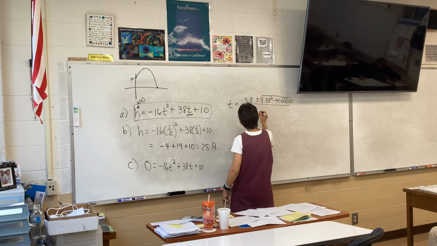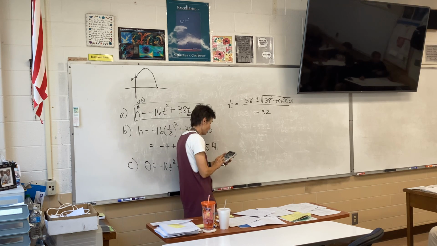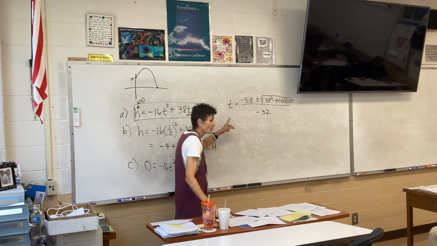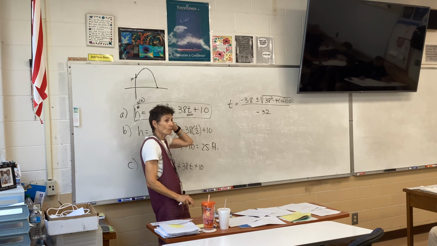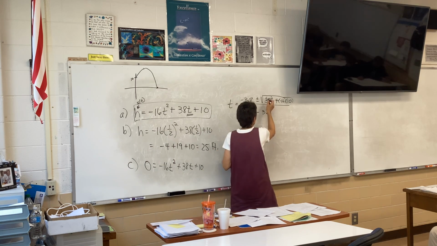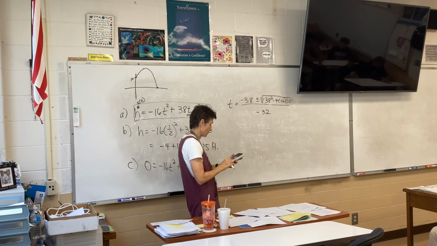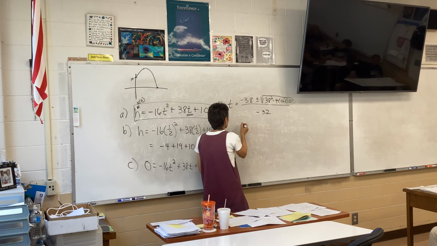I'm sure you can, but I hate taking points off for calculator errors. Is this okay with everybody? Our quadratic formula? When I do it, I first figure out what is that number under there. So 38 squared minus 4 times negative 16 times 10. I got 2084.